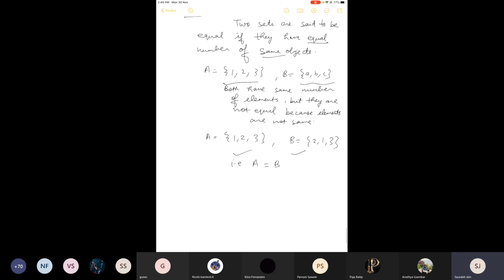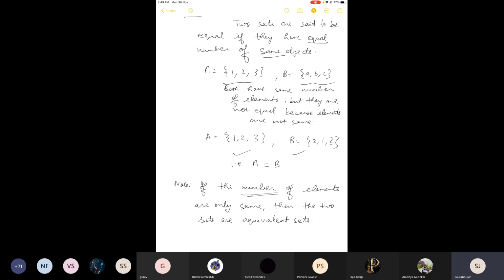We have another name for it. If only the number of elements is the same, then the two sets are called equivalent sets.